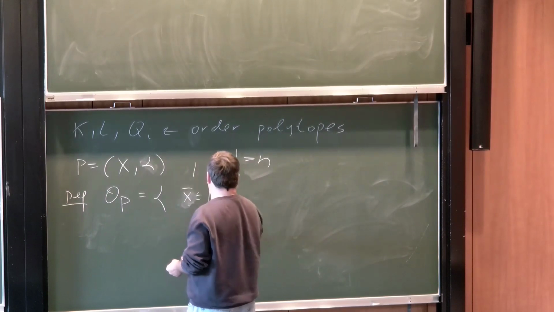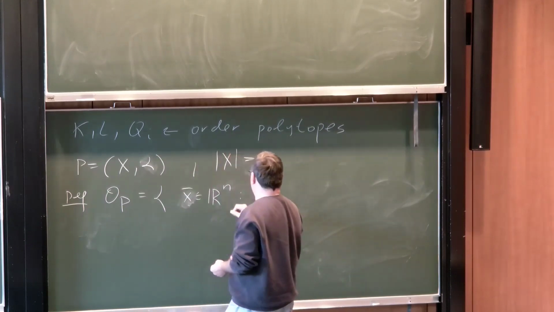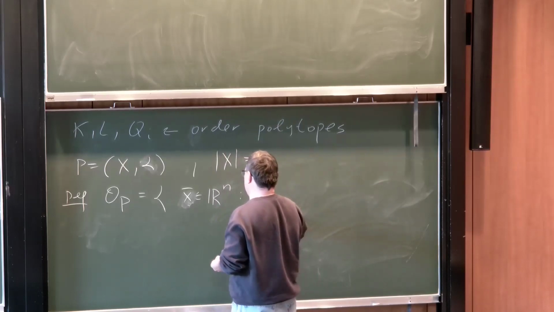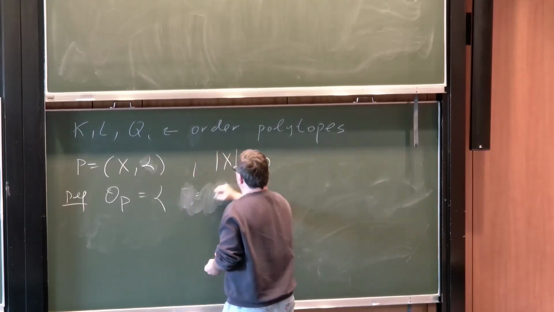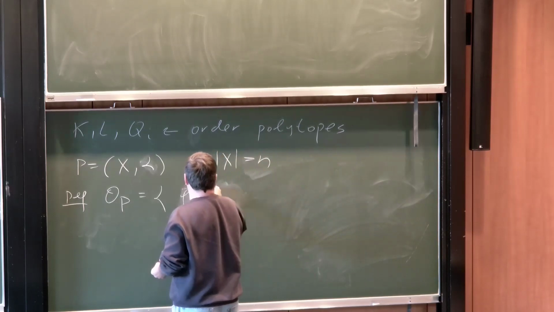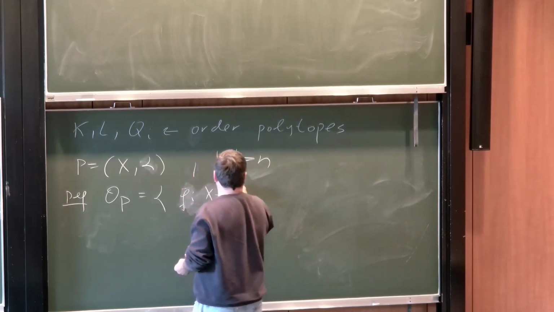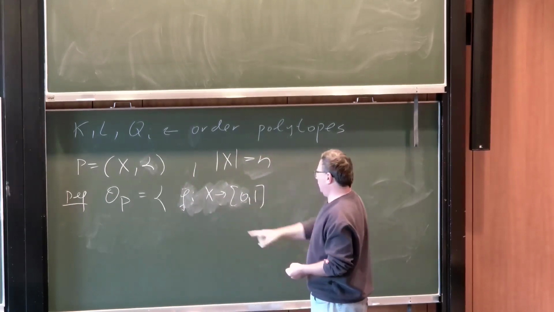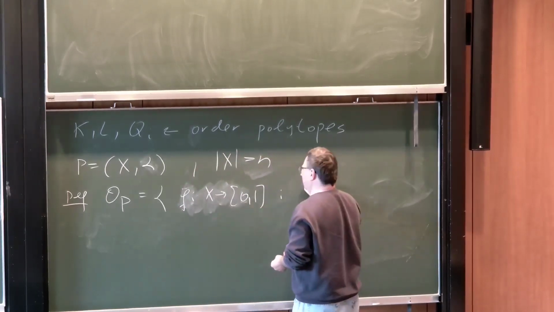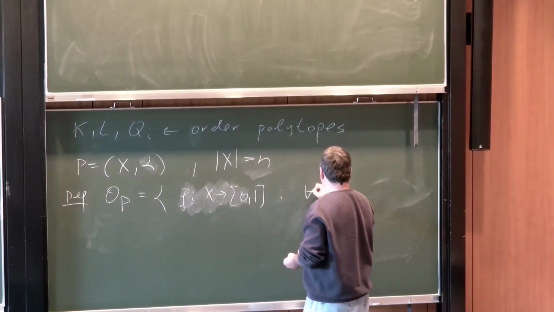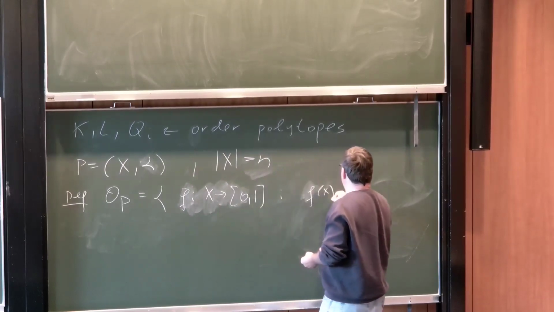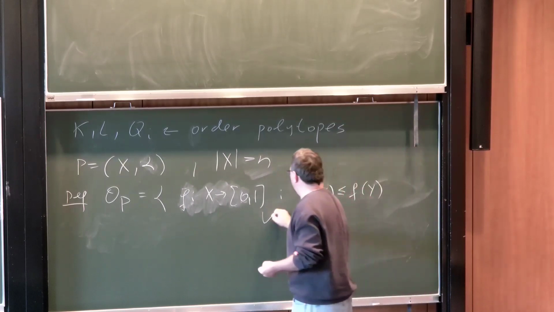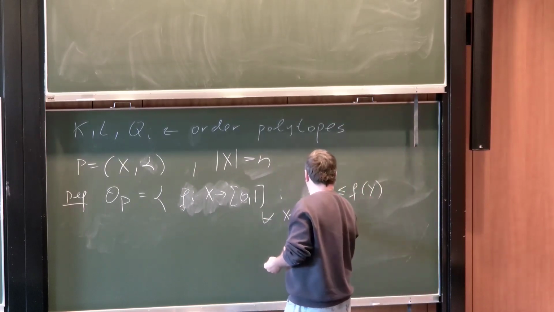let's say x in R^n such that, sorry, let me write it the way I like to write it. So I'm going to map from my poset X to [0, 1], such that f(x) is less than or equal to f(y) for every x less than y.